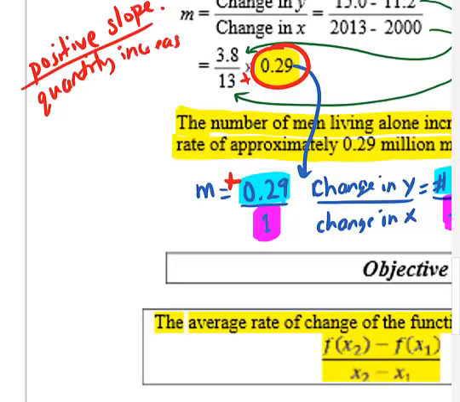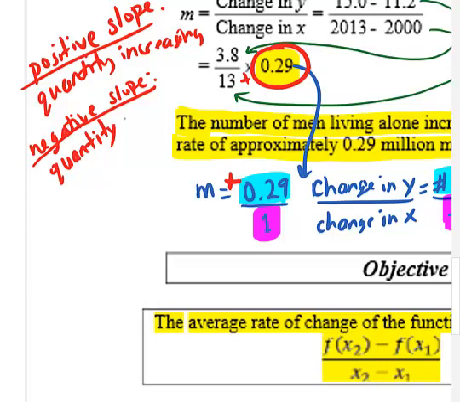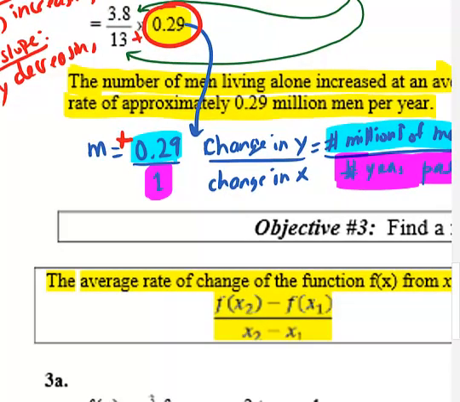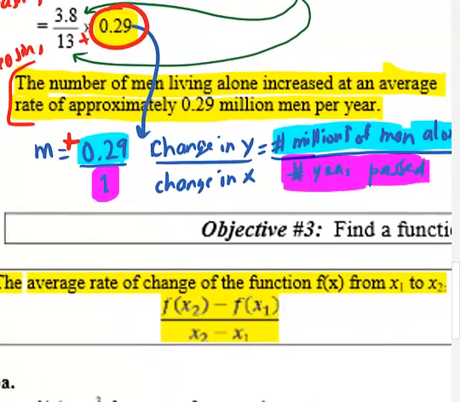Whatever you're talking about, in this case it's the number of people living alone. But if the slope came out negative, like in a different problem maybe, then that would mean that the quantity you're measuring, in this case the number of men living alone, would be decreasing. So you definitely want to mention increase or decrease in your answer. Quantity is decreasing.